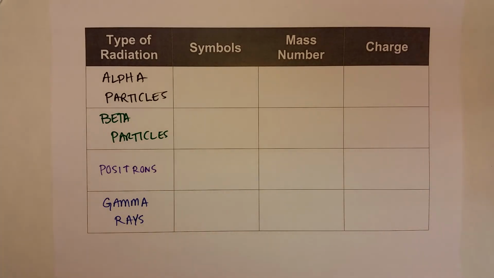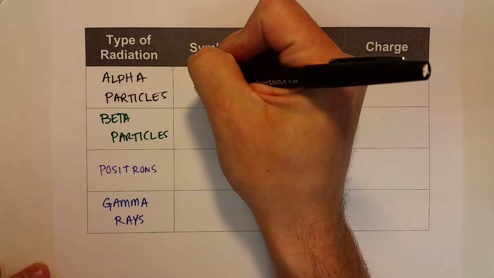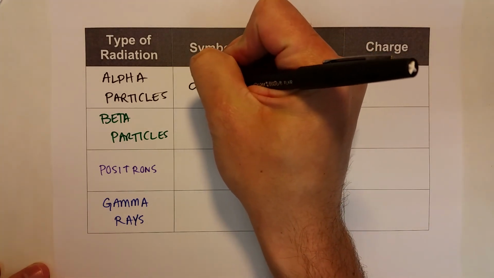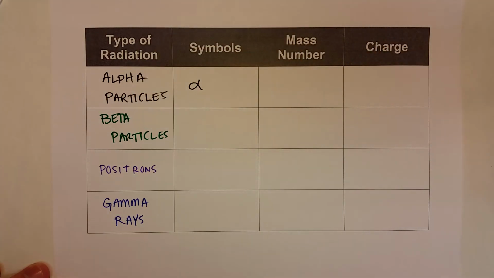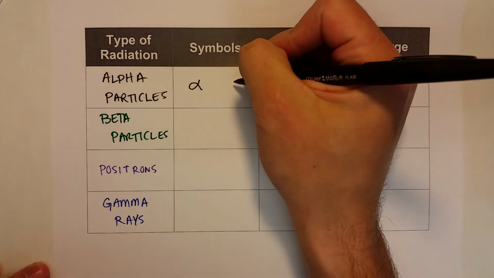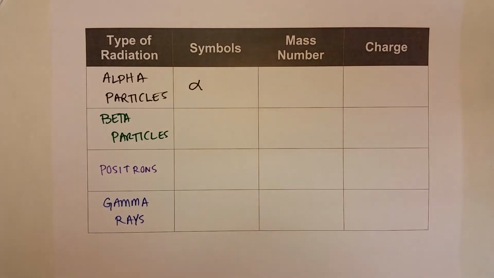All four of these types of radiation or energy have Greek letter symbols and then atomic symbols that we would use for nuclear equations. For the alpha particle, we use the Greek letter alpha, which looks like that. And its atomic symbol, well, it turns out that an alpha particle is essentially a helium nucleus.